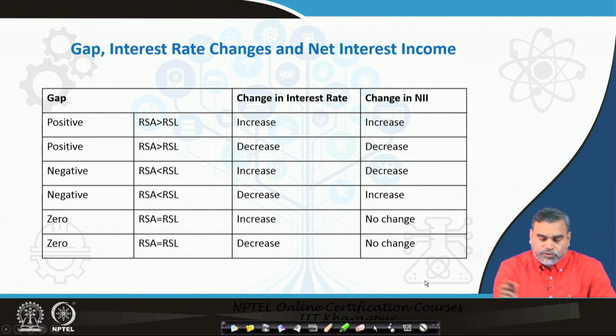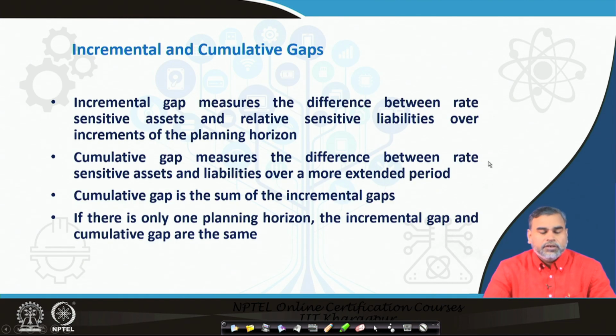Then in this context, we are using two types of gaps. One is incremental, another one is cumulative. Let us see how the incremental gap works and how the cumulative gap works. The incremental gap measures the difference between the rate sensitive assets and the rate sensitive liabilities over the increments of the planning horizon.